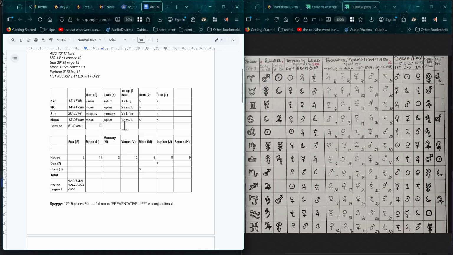And then finally our lot of fortune. Oh, that's not correct. That's from the old one. Is it? Oh yeah, that's syzygy. Okay, good. Our lot of fortune is at 6 degrees Leo. So until 5°59' is Jupiter's term, and from 6 to 10°59' is Venus, so that's going to be Venus.